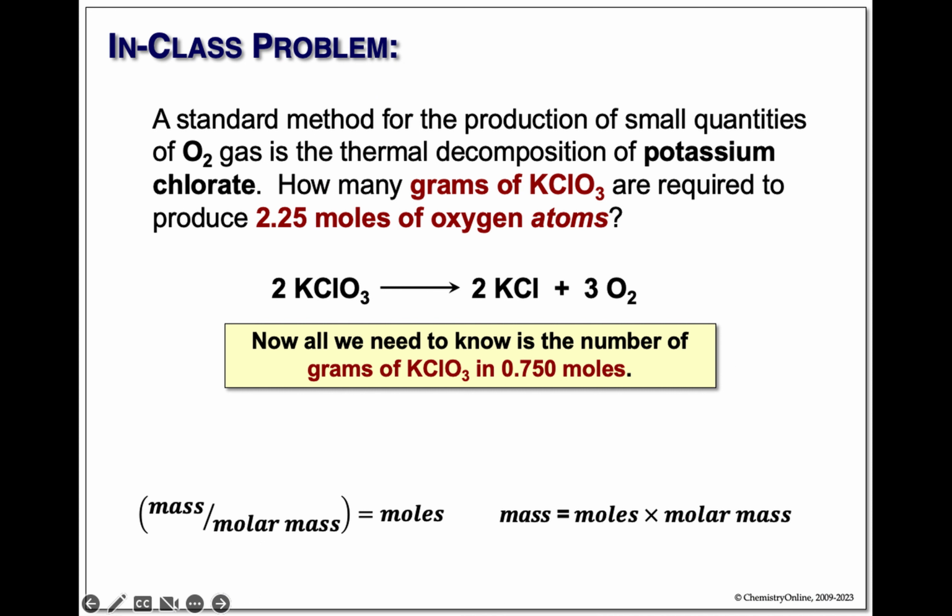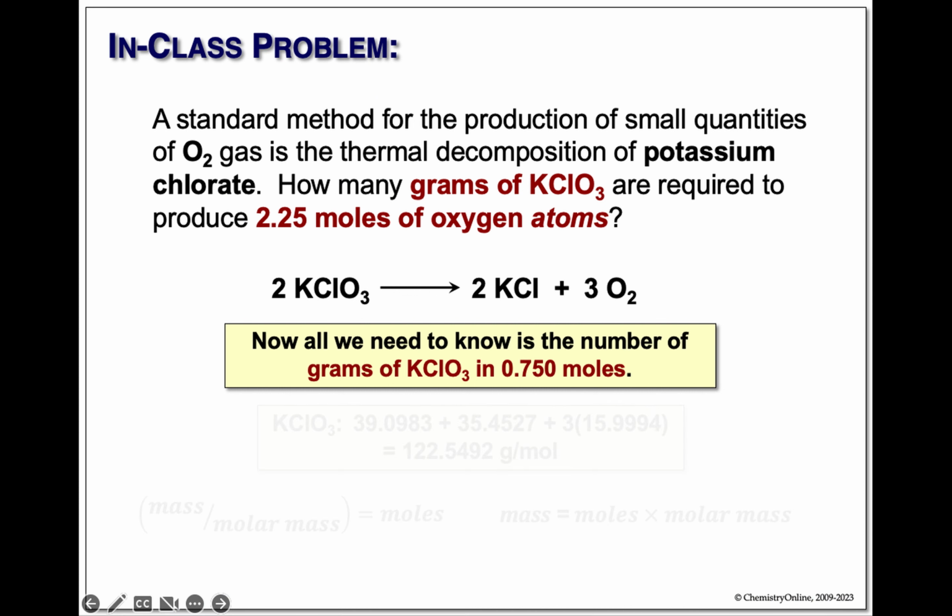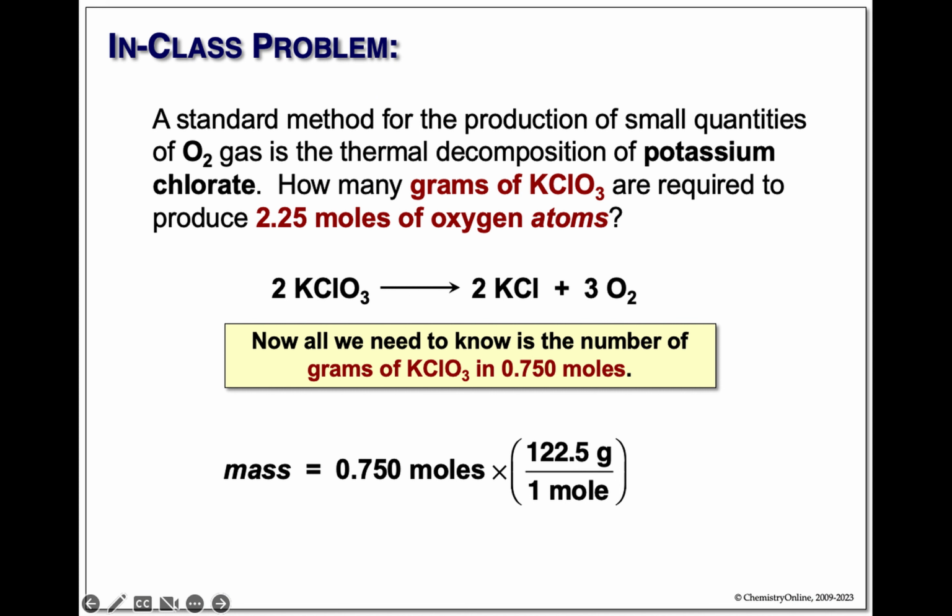So we'll take our moles. On the exam, I actually put the molar mass in. I forgot to do it on the slide, but we can figure it out. Simply add it up, 122.5 would work. Here's our mass, there's our molar mass. Simply multiply them together, moles cancel, and we're left with 91.9 grams.